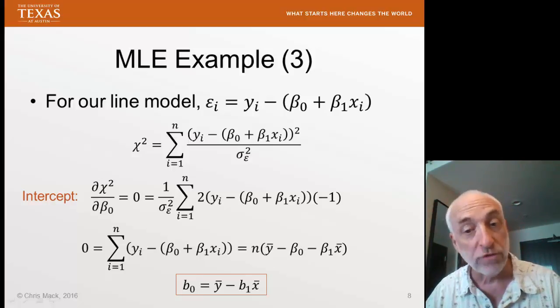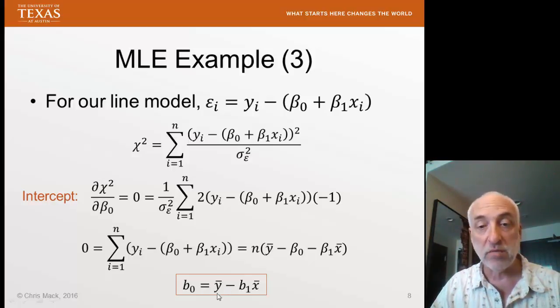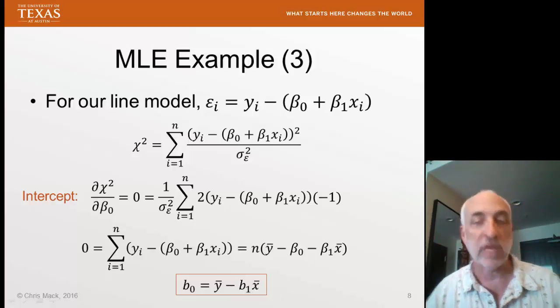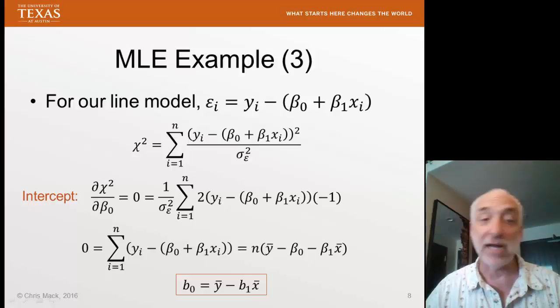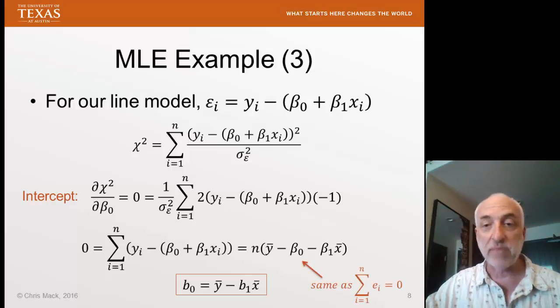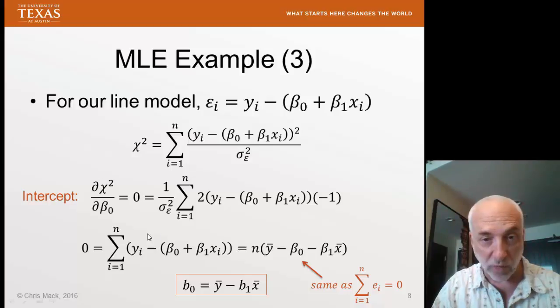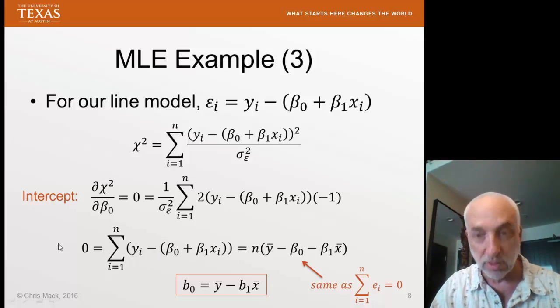The estimate for the true value of beta naught is the mean value of y minus my estimate of the slope times the mean value of x. Obviously, I haven't figured out what the best estimate of the slope is, but nonetheless, this is the equation. Before I go on to the next thing, I might mention that in this equation, here's y_i, here's the model, so that's nothing more than the residual. So this is saying the sum of all the residuals equals 0.